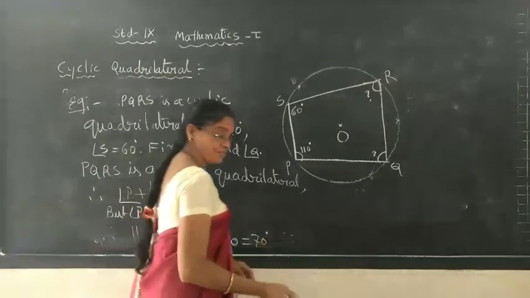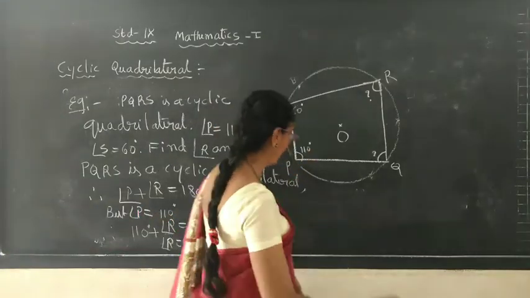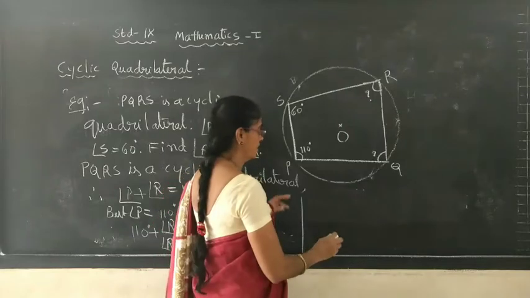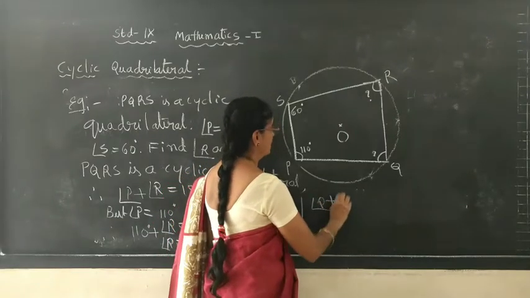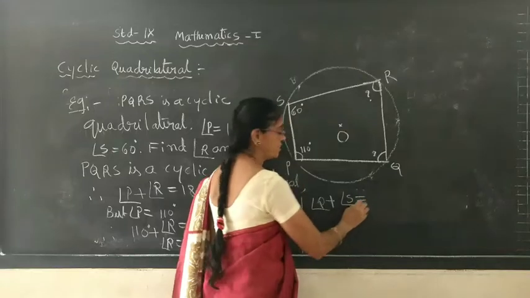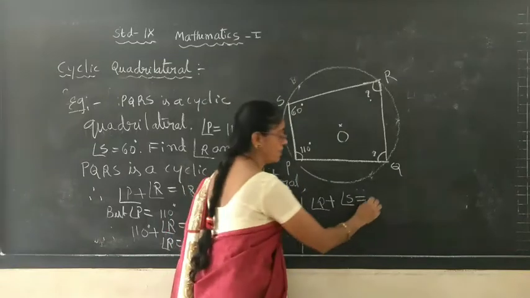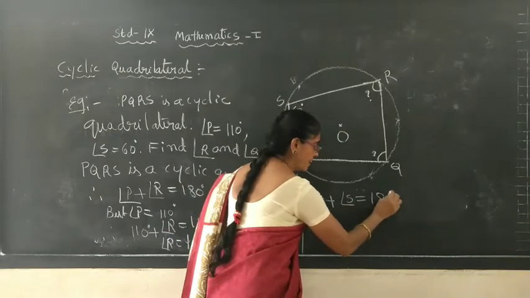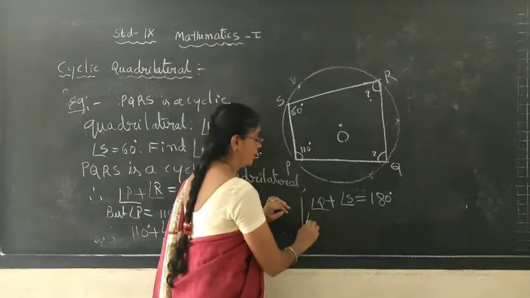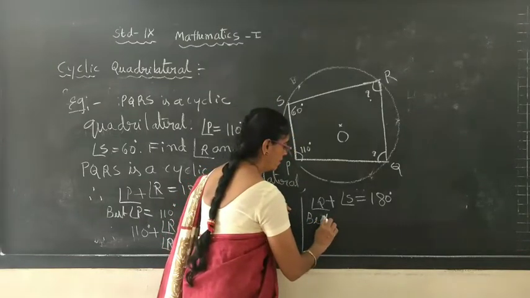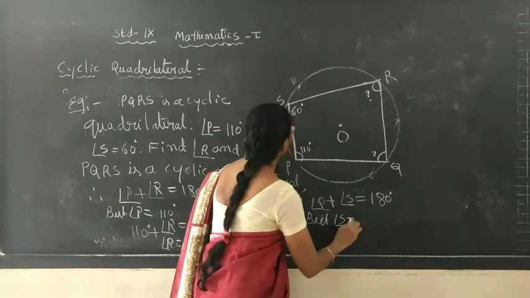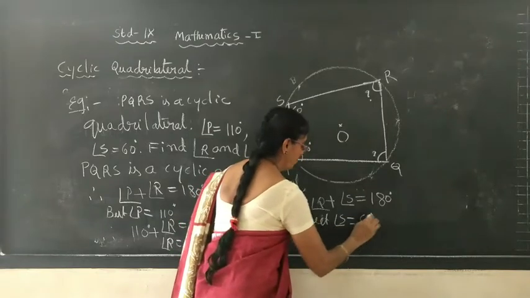In the same manner, the other angle we will find out, that is angle Q plus angle S are opposite angles, the two angles, their sum is 180 degree, right? But angle S is equal to 60 degree.